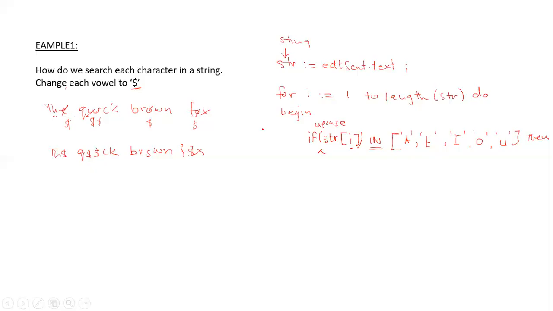So as the I value changes in the loop, we're looking at a different character, and we're checking if that character is in the set A, E, I, O, and U.